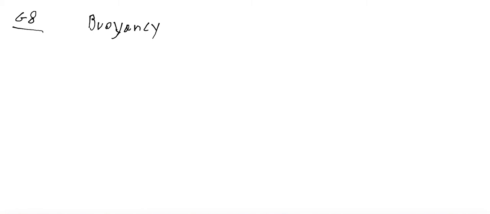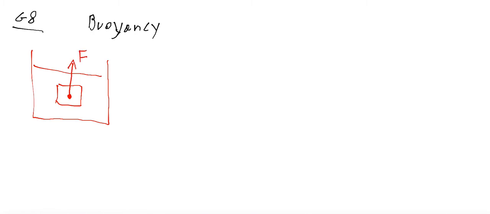Okay, so as a revision of our last lesson, we were talking about a buoyant force. You know that when an object is immersed in fluid, I've used a liquid as an example, the object experiences another force called buoyant force. This buoyant force is always directed vertically upwards, and is related to the density of the fluid in which the object is immersed, gravitational acceleration and the volume of the immersed part of the object.